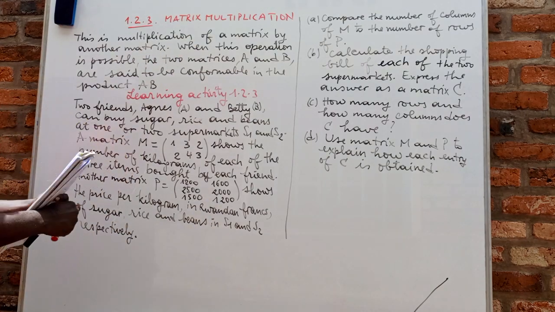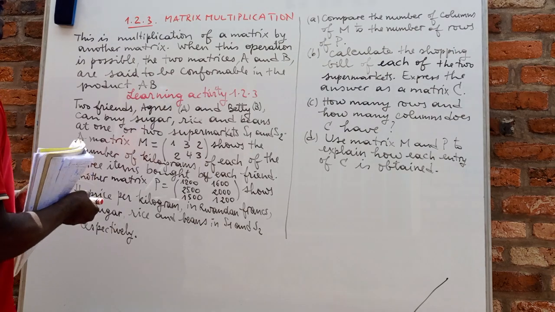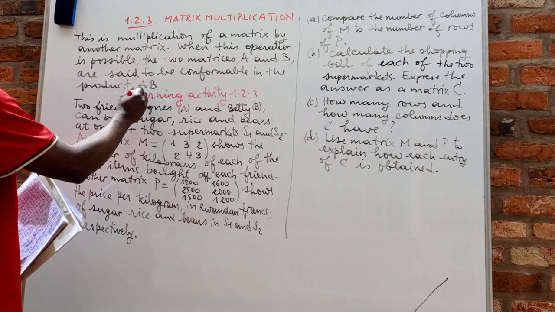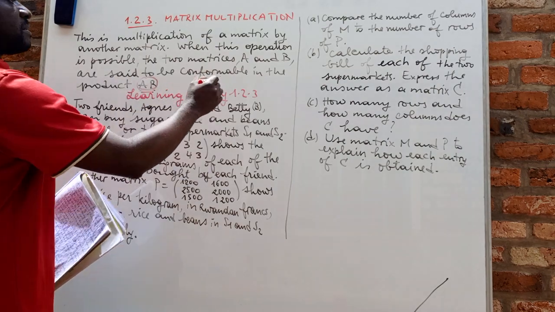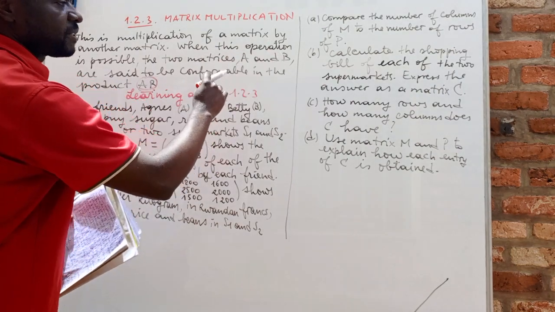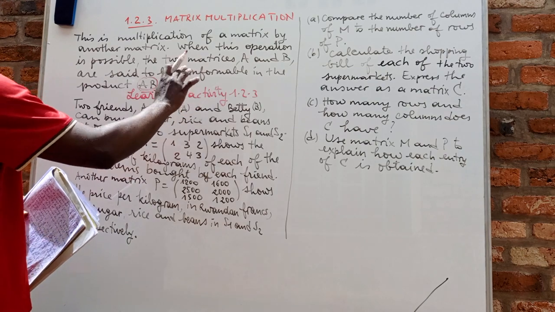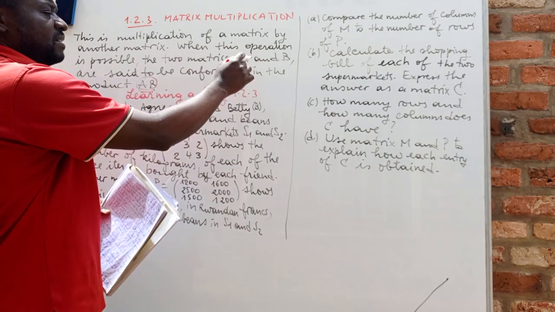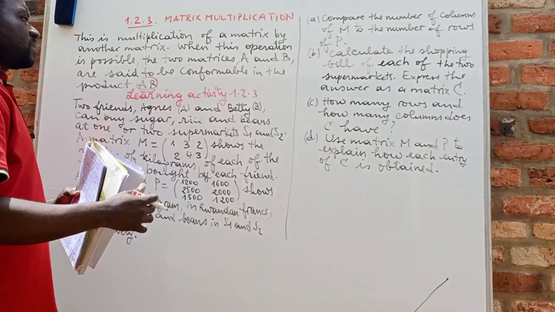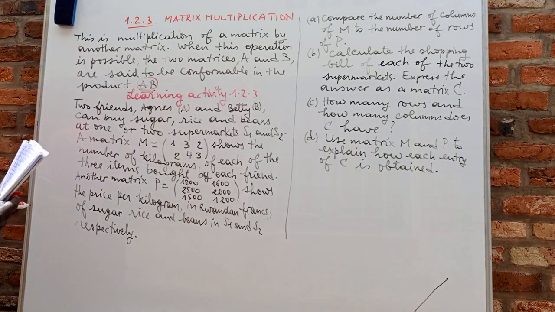In this case, if you have A times B, and it gives a matrix, this means that A and B are conformable in accordance with matrix multiplication. Okay, we start with this learning activity.